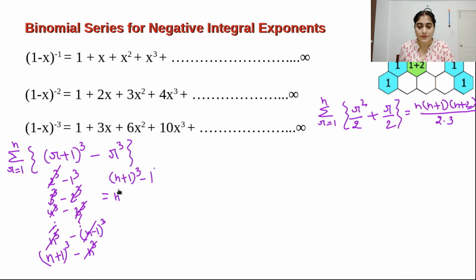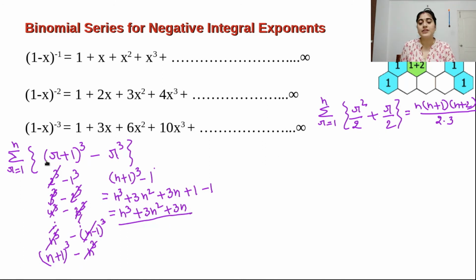So I directly apply: n cube plus 3n square plus 3n plus 1, and minus this 1. So this is n cube plus 3n square plus 3n. This is the right hand side.